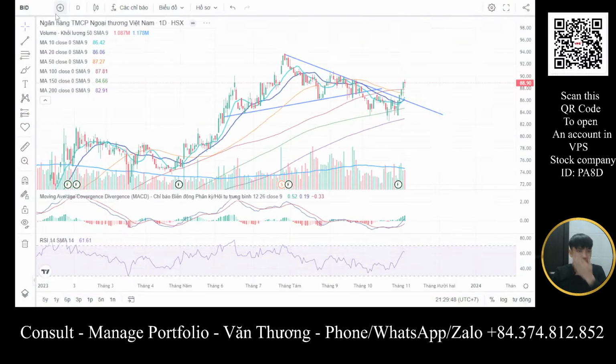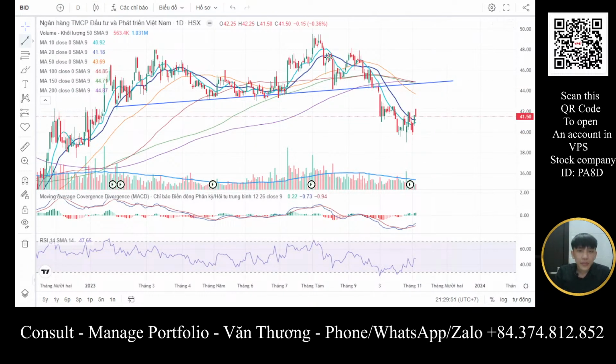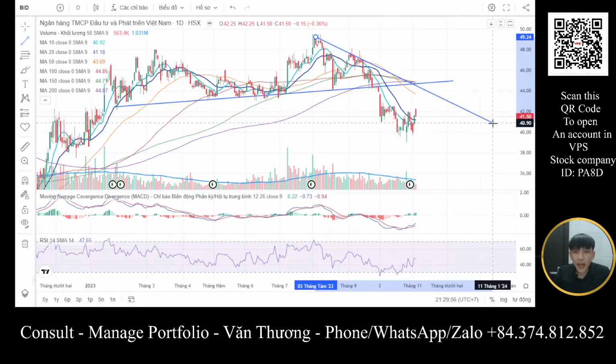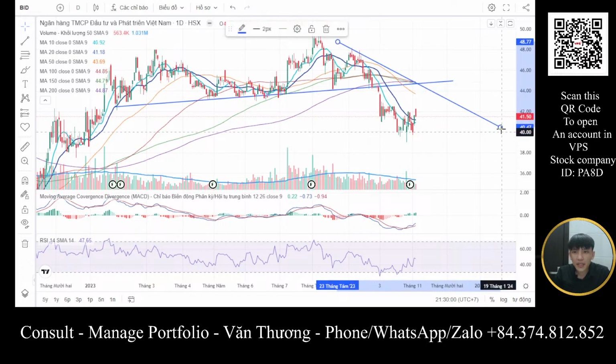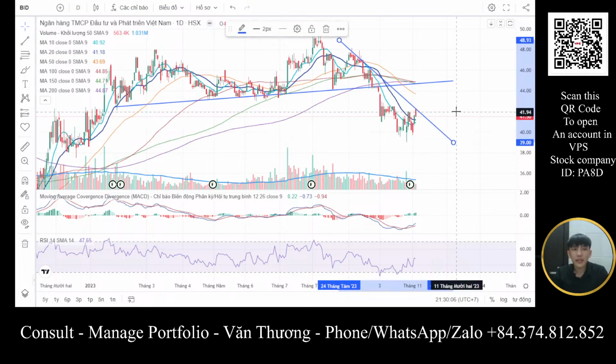BID is in a downtrend, or you can draw it like this, right? This stock is in a downtrend, right?